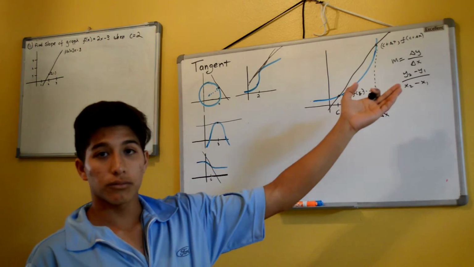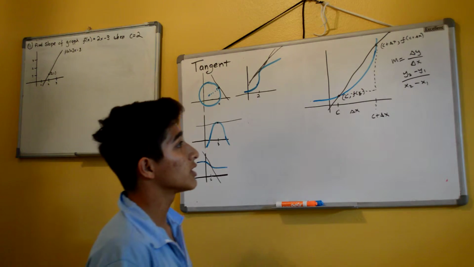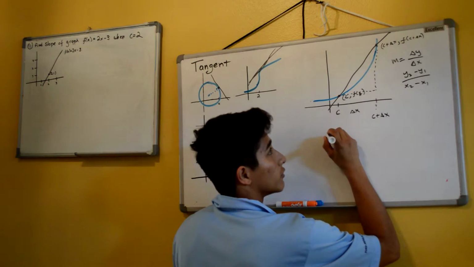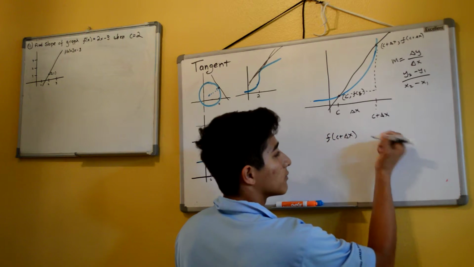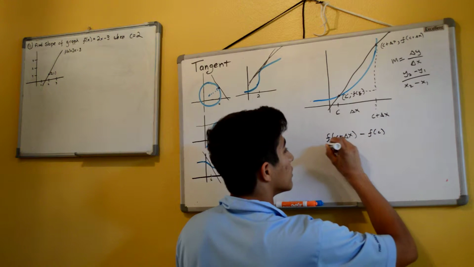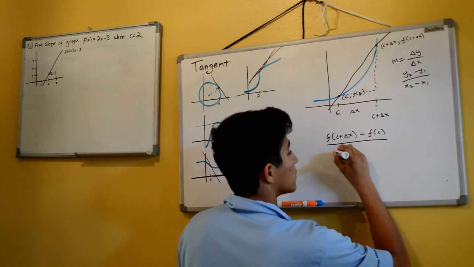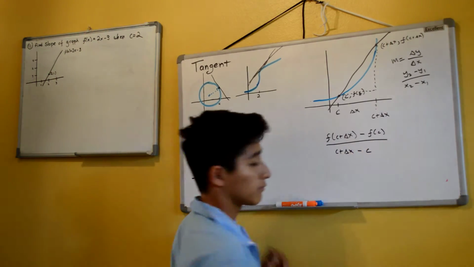So we have our y2, y1, x2, and x1. Now let's just plug it in, or substitute. So f of c plus delta x minus f of c over c plus delta x minus c, right?